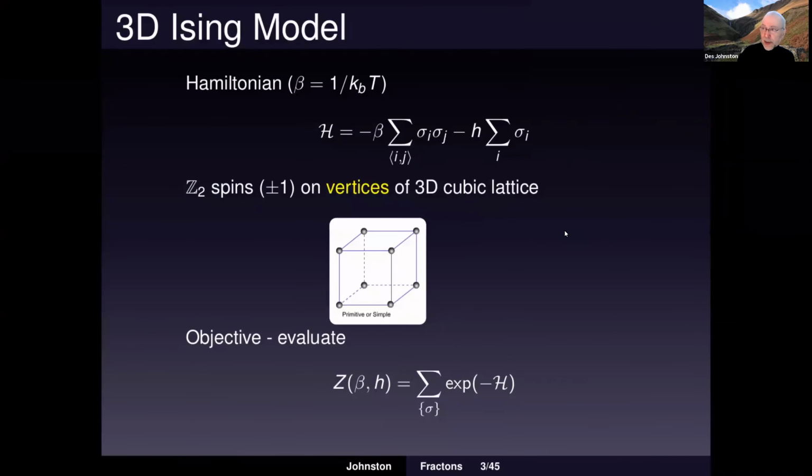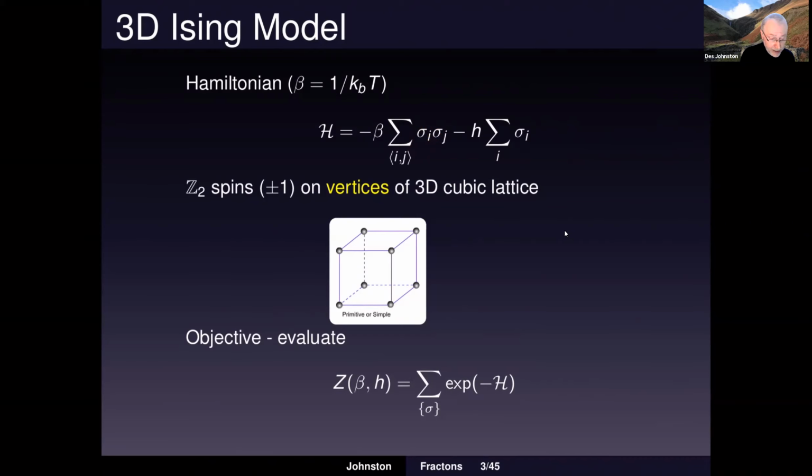What am I going to be talking about? I'm going to start out with a particular classical spin model on a 3D cubic lattice. And it's not the standard 3D Ising model. So I've written that down here. We've got a Hamiltonian where we've got a couple of spins that interact along nearest neighbor bonds.